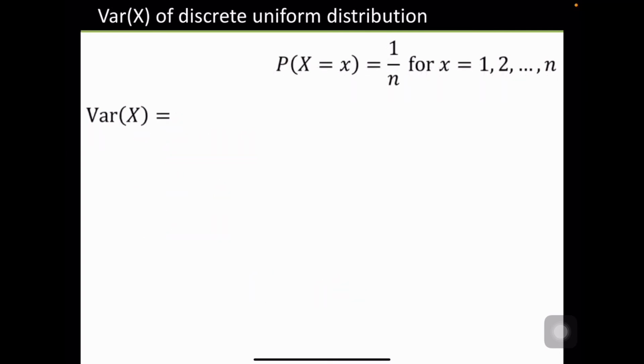We know that the variance of x is E of x squared, take away the square of E of x. So E of x squared is the sum of all the x squared terms multiplied by the corresponding probability.